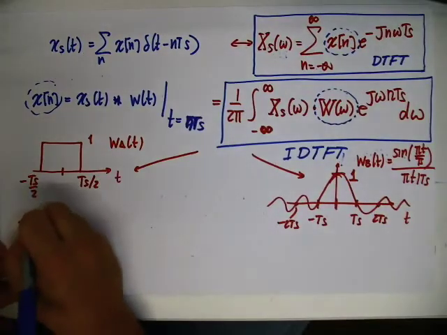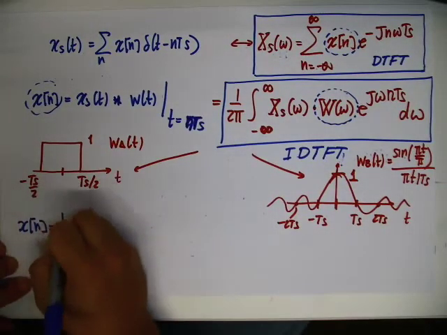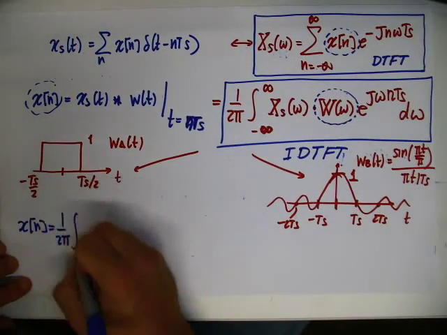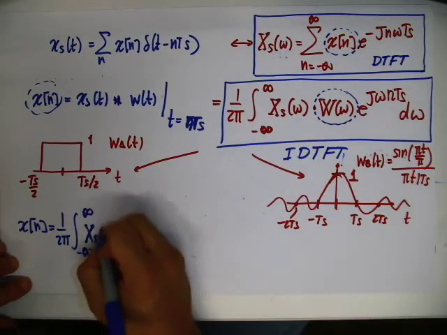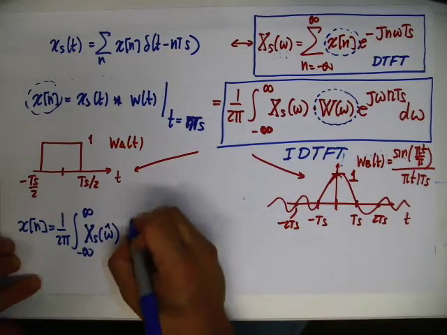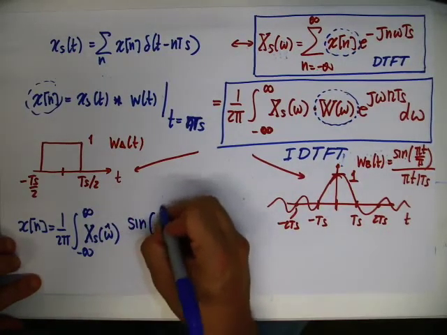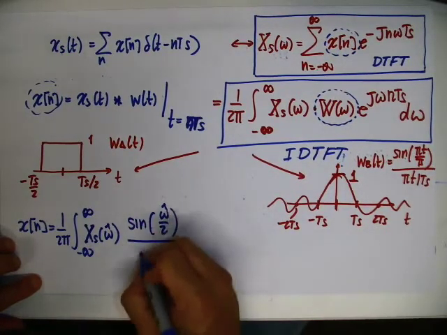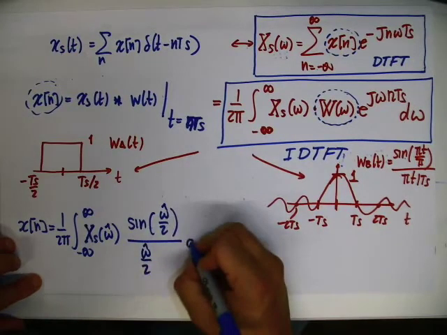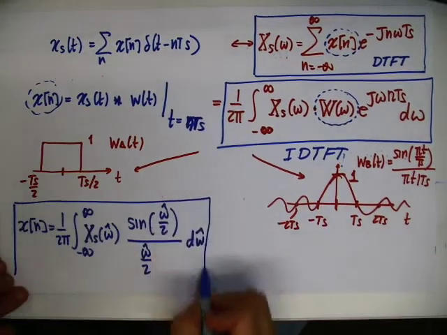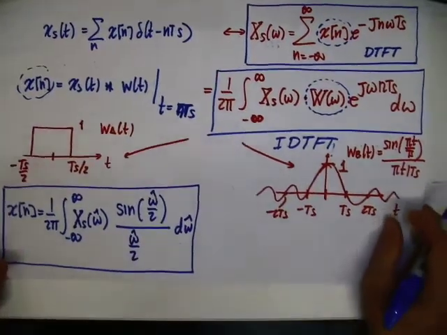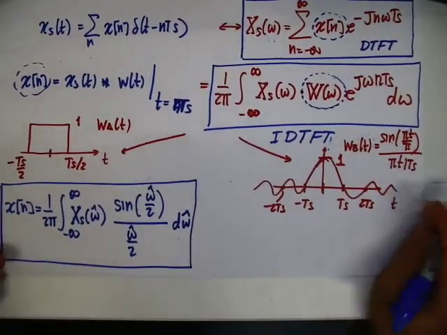So we saw that x[n] can be written as 1 over 2 pi integral from minus infinity to infinity of X_s of omega hat, sine of omega hat divided by 2 over omega hat divided by 2, e to the j omega hat n, d omega hat. This is the first integral form of the inverse Fourier transform.